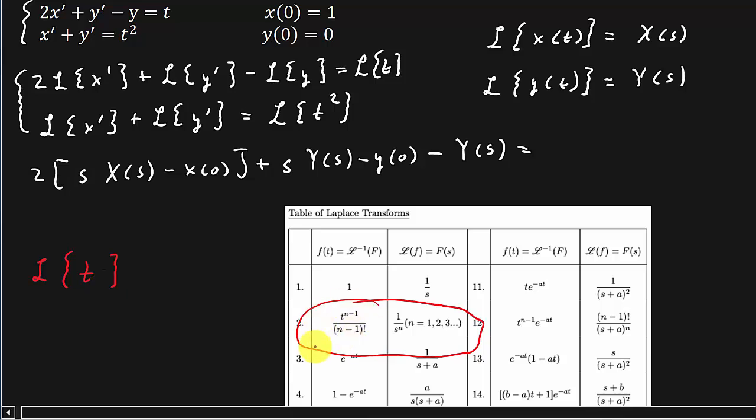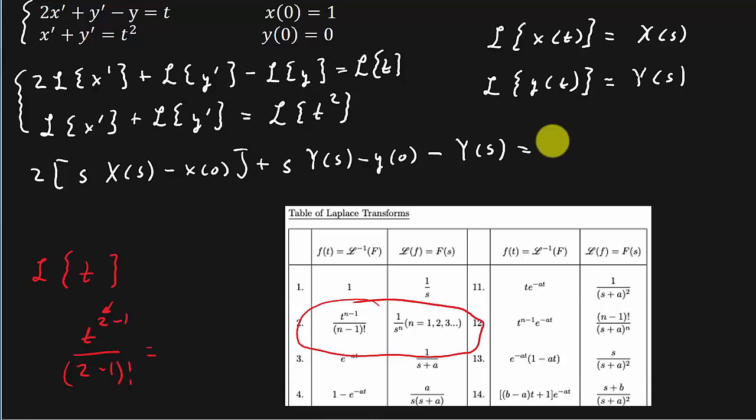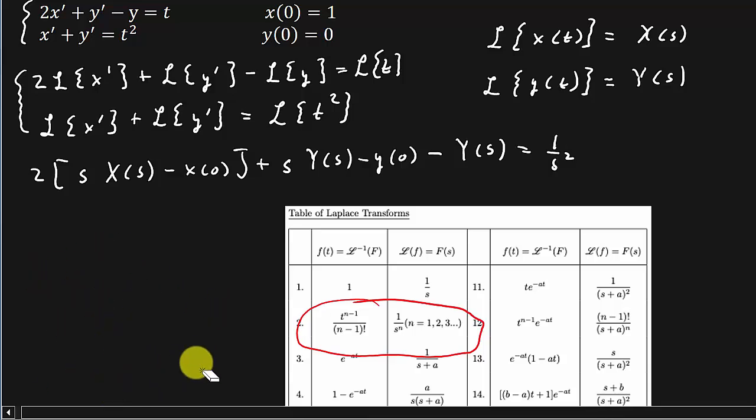So that's t to the 2 minus 1 over 2 minus 1 factorial, which gives me t, because 2 minus 1 is 1, 1 factorial is 1, so that's just t. So now I've got it matching this, and in this case n is 2. You see that? So that means this is just 1 over s squared. Okay? All right.